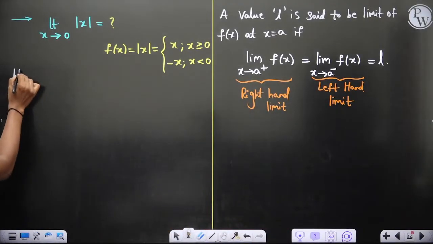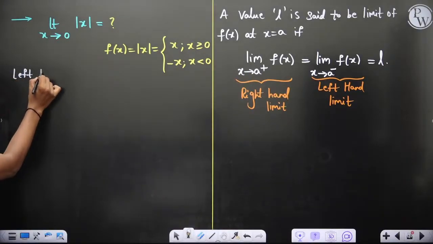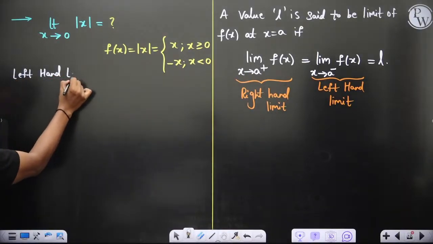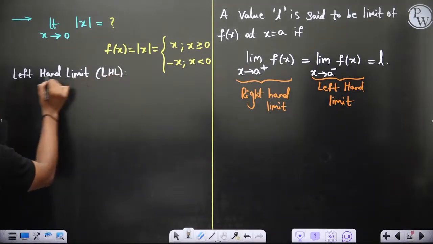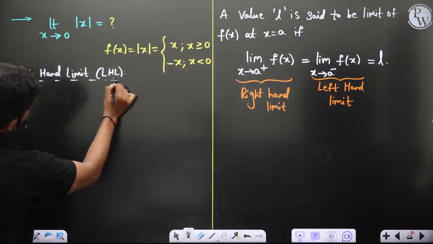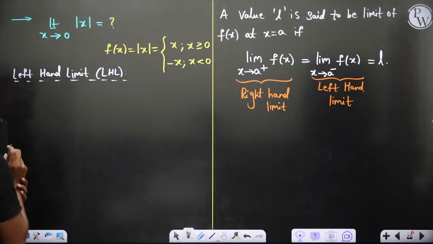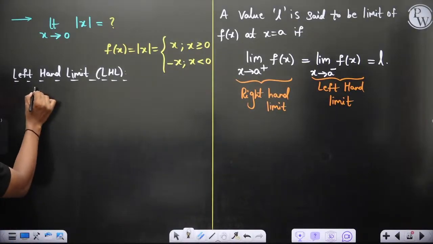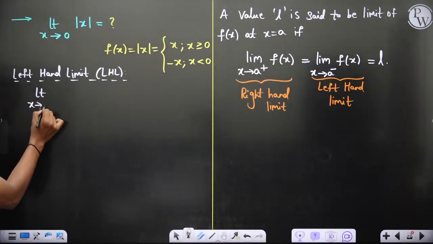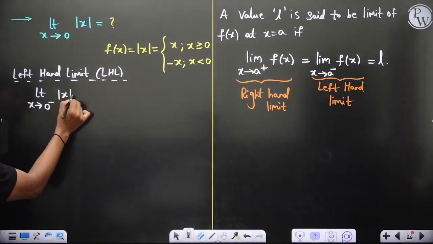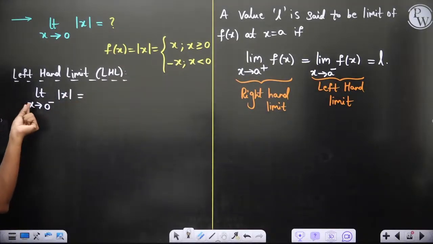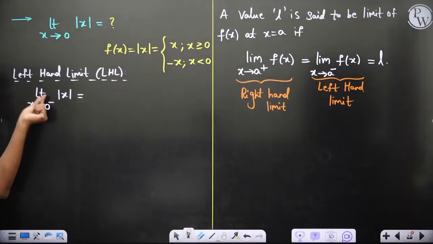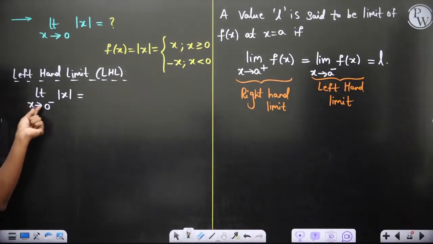Now let's see here. If you calculate the left hand limit, LHL, that is limit x tends to 0 minus mod x. This means x is less than 0, because it's in the negative or basically in the left neighborhood and it's approaching towards 0.